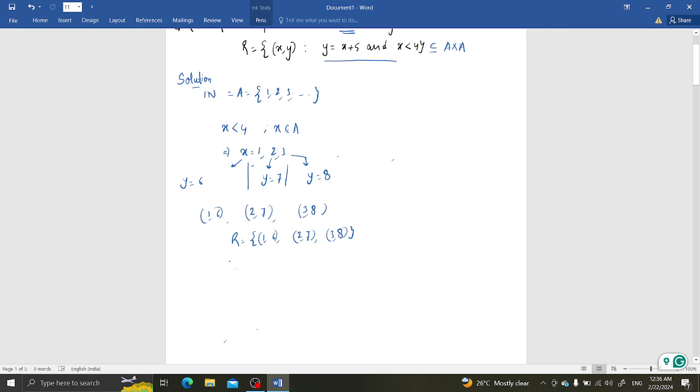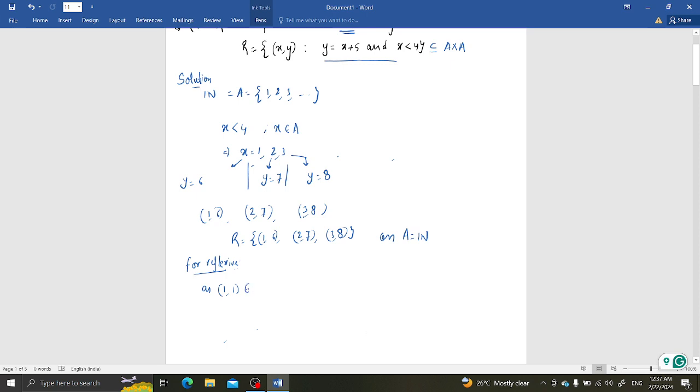Now we check whether this relation R on A is reflexive, symmetric or transitive. For reflexive, what we need to check is whether every element of A is related to itself under R. Here you observe none of the elements of A is related to itself, because (1, 1) is not there, (2, 2) is not there, (3, 3) is not there.